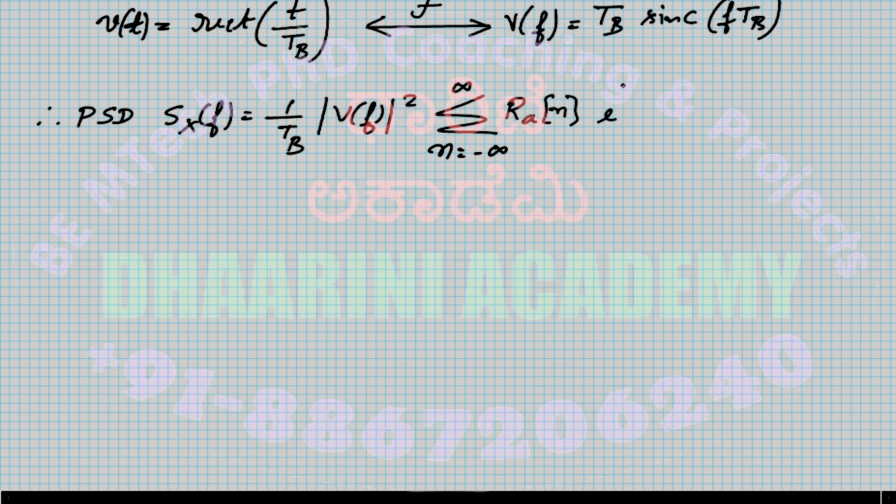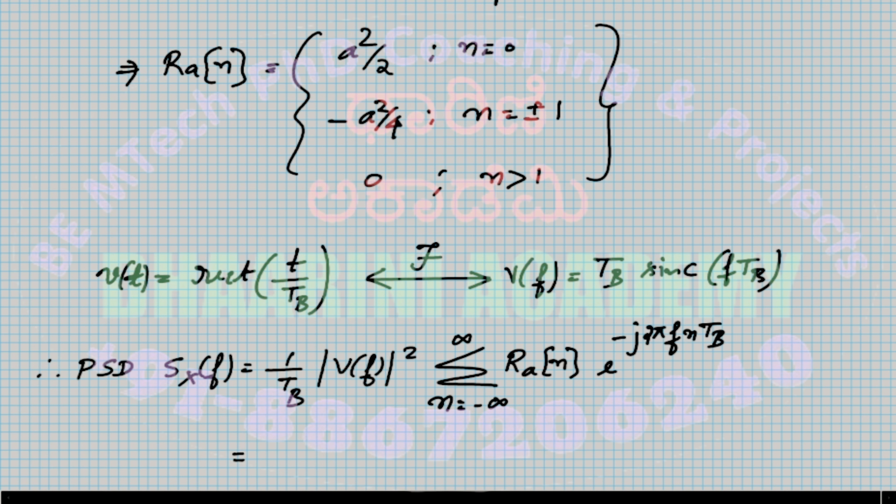Okay, let's substitute. So let me write the term. I'll just look at my RA of n because that's the main controller over here. I have RA of n for n equal to minus 1, RA of n for n equal to 0, and plus 1. Only 3 terms, correct? I don't have all the terms from minus infinity to infinity.